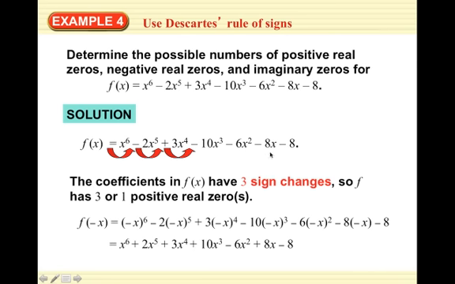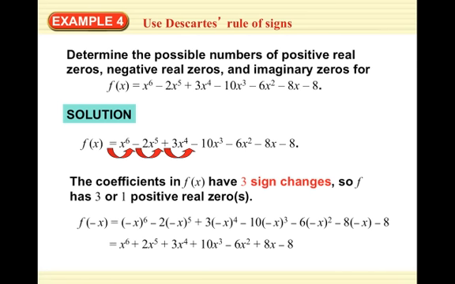Whereas we had negative 8x in f of x, in f of negative x, we have plus 8x. So the sign changes are going to occur, just by evaluating f of negative x, wherever you have an odd power of your variable. Okay, and so that's just a shortcut way to be able to do that.